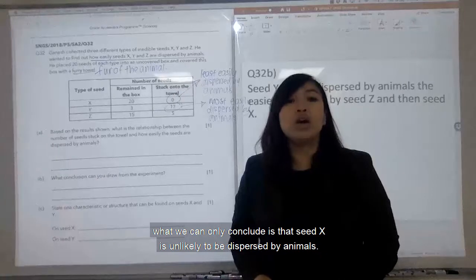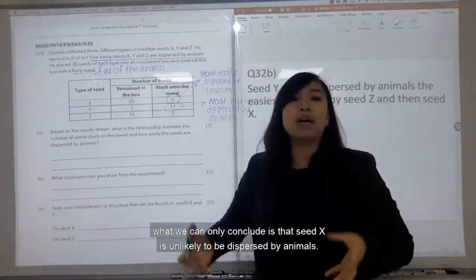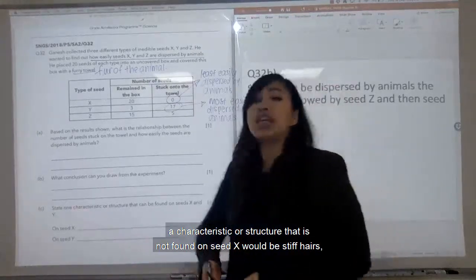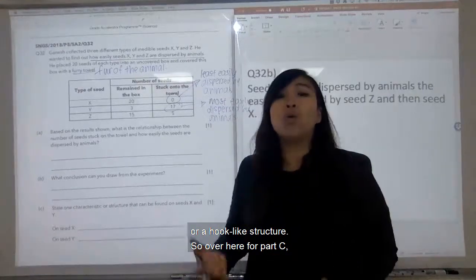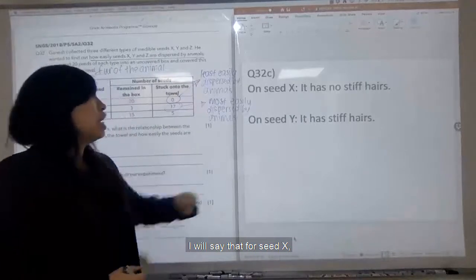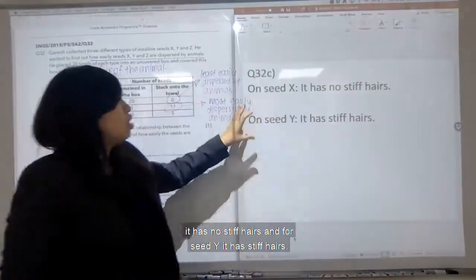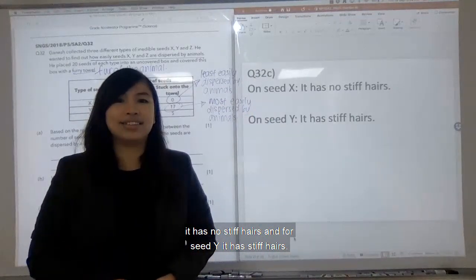What we can only conclude is that seed X is unlikely to be dispersed by animals. As such, a characteristic or structure that is not found on seed X would be stiff hairs or a hook-like structure. So over here for part C, I will say that for seed X, it has no stiff hairs, and for seed Y, it has stiff hairs.